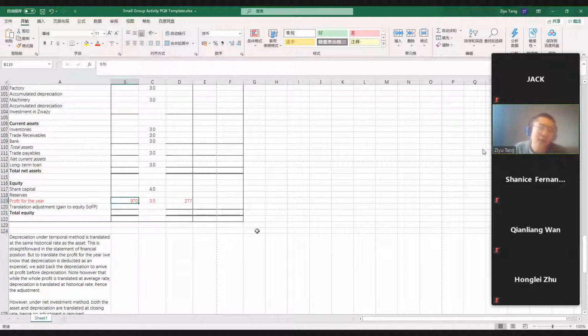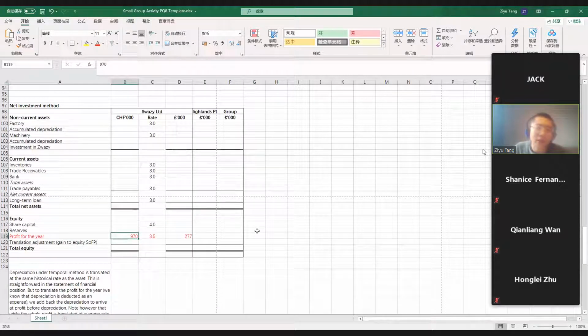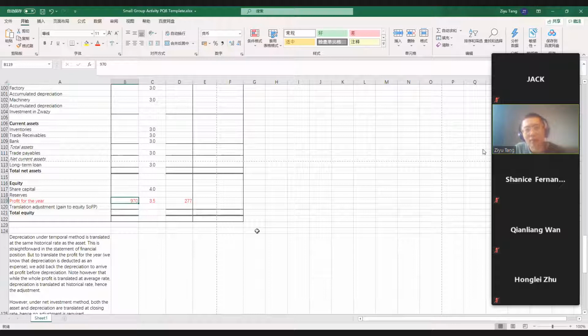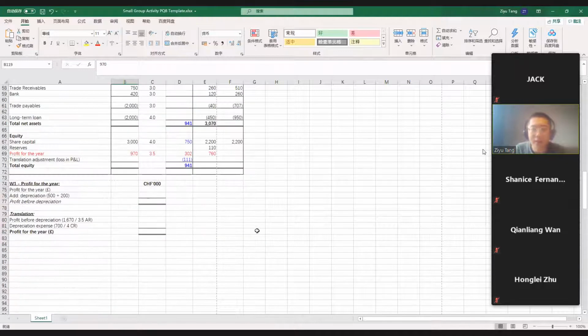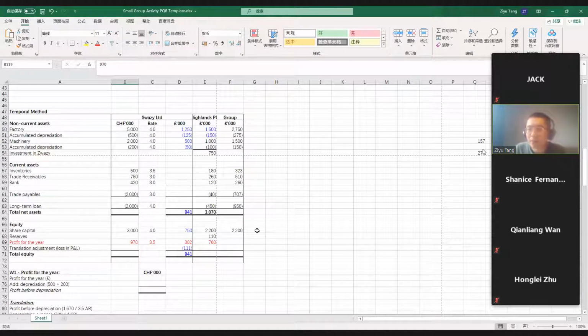Yesterday I tried to solve this question until 3 o'clock, but I still have questions. I think you guys just remember: in the net investment method, we don't make an adjustment, but in the temporal method, we make an adjustment.